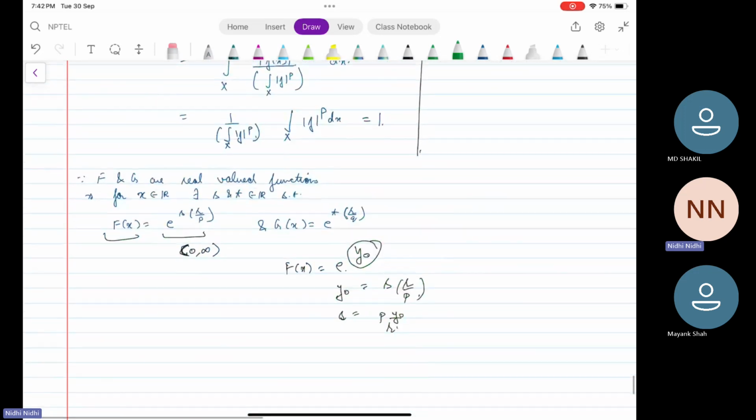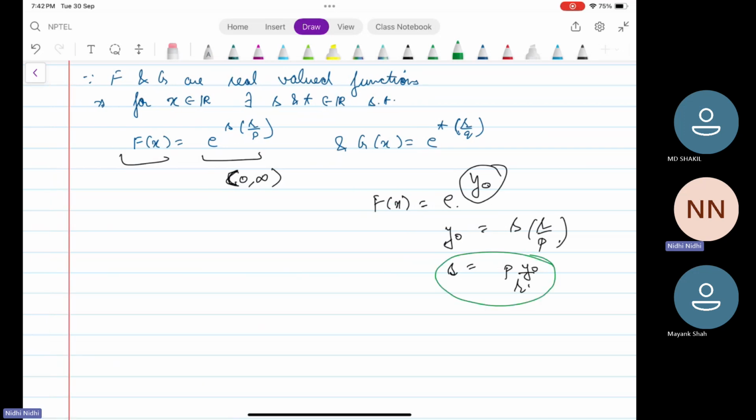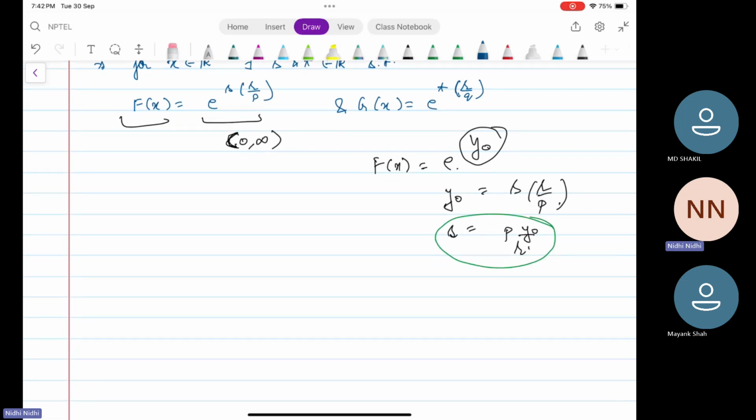I'm saying that then I can find some s and t that will satisfy this condition. So next we'll use the convexity of the exponential function.